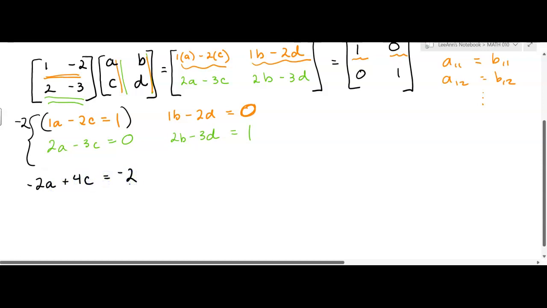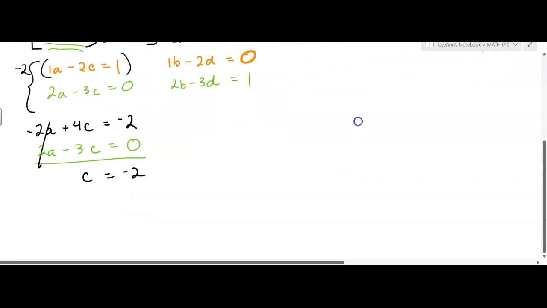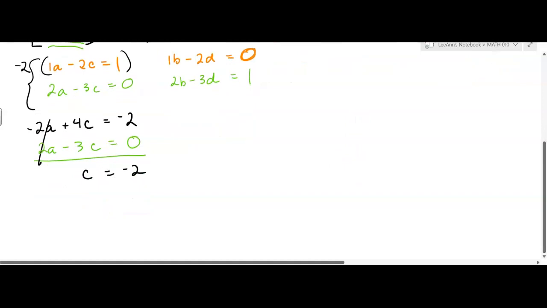Make sure I did my multiplication right. And then I'm going to add that to the green equation, 2A minus 3C equals 0. Adding those together, the A's cancel, and I get 1C equals negative 2. Great, I know C is negative 2. How do I find A?